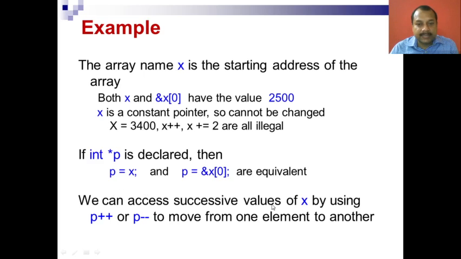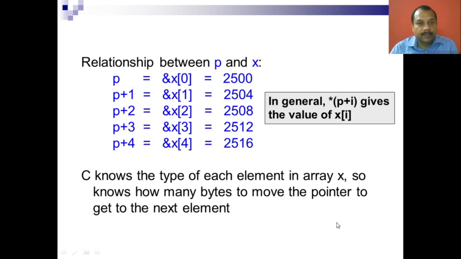We can access successive values of x by using p++ or p-- to move from one element to another. So the relationship between p and x is very clear to you now, I believe, because assigning x only, or &x[0], to p will actually assign 2500, the starting address location of the total array x, to p.